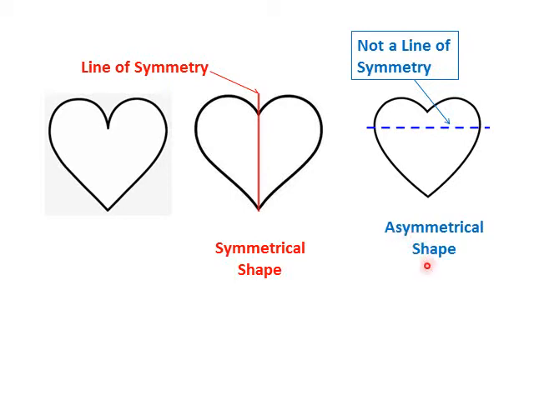What does this mean? It means it is not symmetrical, or the line I drew here doesn't make the shape symmetrical. So I have two kinds of shapes. Symmetrical shapes have a correct line of symmetry, and an asymmetrical shape has a line but it's not a line of symmetry.